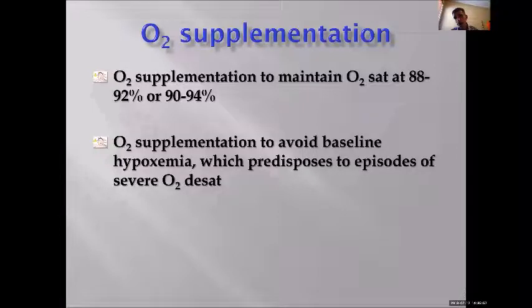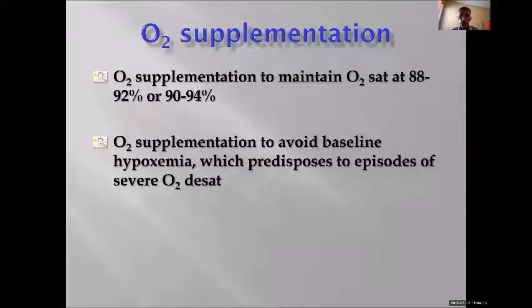There are two targets, a low target and a high target. Both have benefits and side effects. 88 to 92 is associated with less ROP, but with higher mortality. 90 to 94 is associated with less mortality, but higher ROP. So the target of oxygen saturation needs to be discussed and maintained.